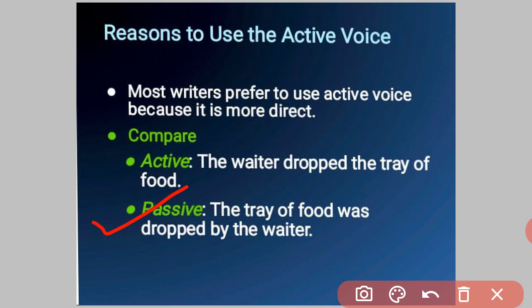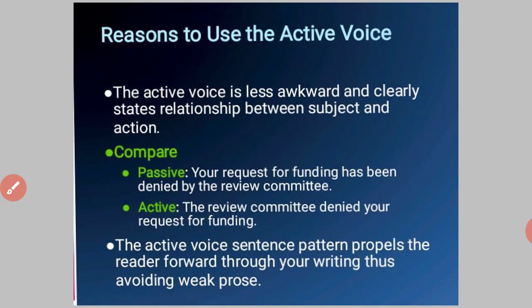Why should I not say the waiter dropped the tray of food? Should I say it like this? Definitely. It's more clear and direct. It's not awkward. But the second sentence is somewhat awkward. Reasons to use the active voice.